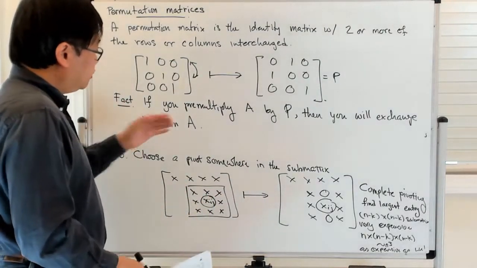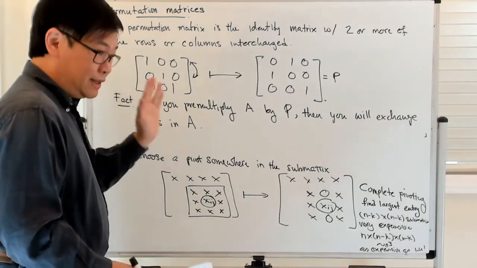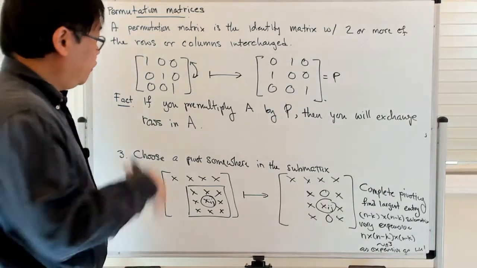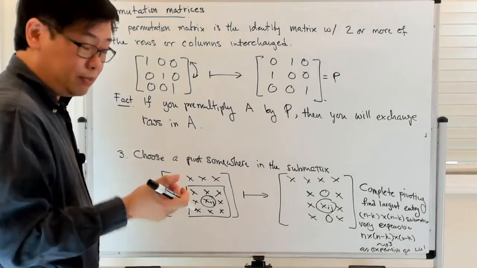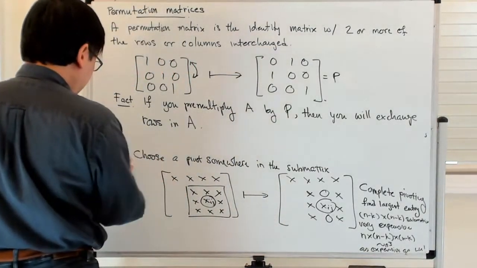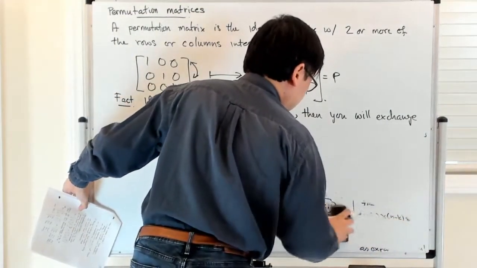So if you multiply A by P on the left, you will exchange rows, and if you multiply A by P on the right, you will exchange columns. That's something you can check for yourself.